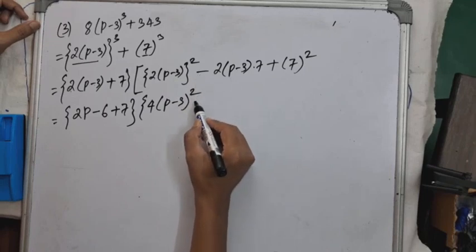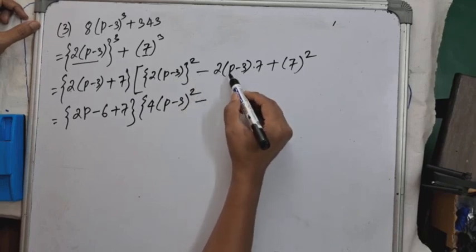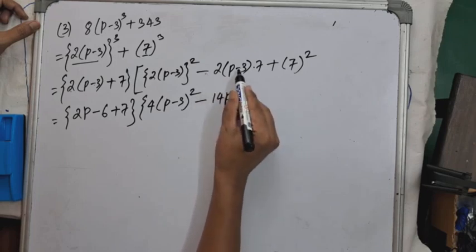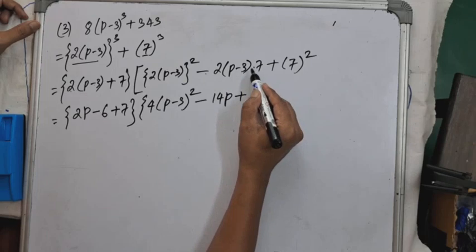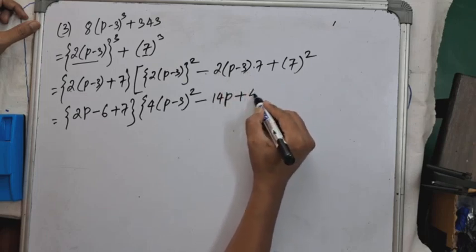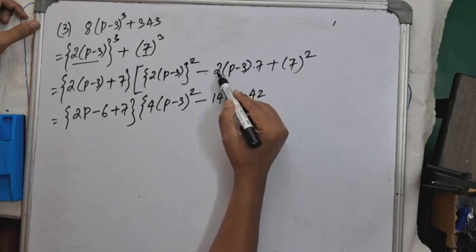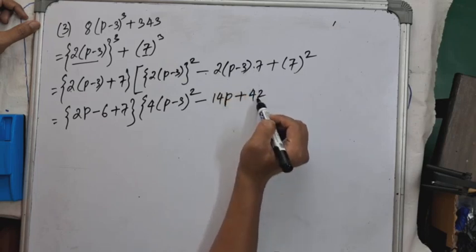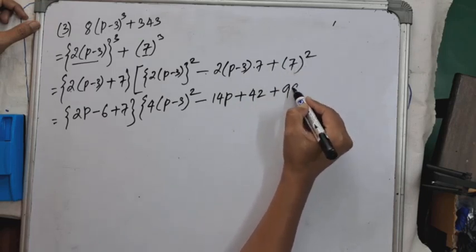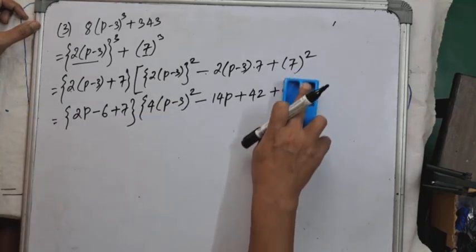This minus we write here as it is. 7 2s are 14, 14 into p is 14p, minus into this minus is plus, 7 2s are 14, 14 into 3 is 42, plus 7 squared is 49.